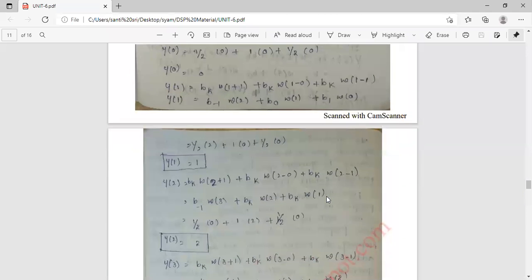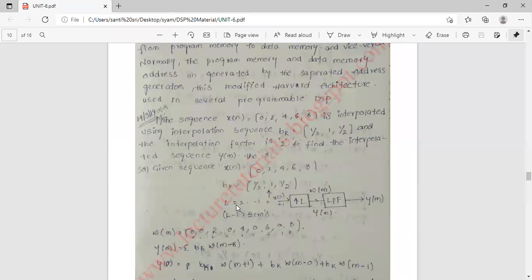So here is the formula for finding the sequence y of m. The interpolated sequence y of m is the sum over k of bk into w of m minus k, where m is 0 to n minus 1. Okay, right?